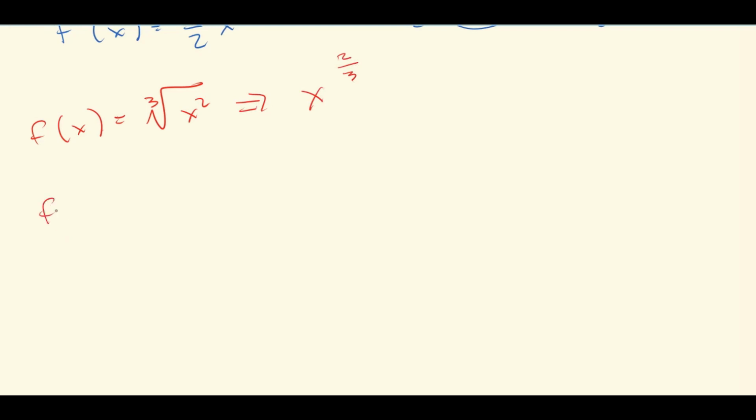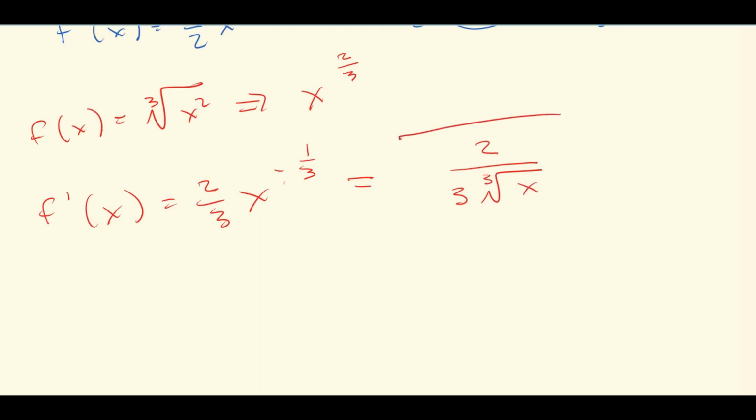And then the derivative is going to be a lot easier. We're going to use the power rule, bring the power down, minus 1, so we're going to subtract 3/3, and we're going to get negative 1/3. And then we can rewrite this derivative a little bit better. We're going to say that this is equal to 2 over 3 times the cube root of x. And this is the derivative.